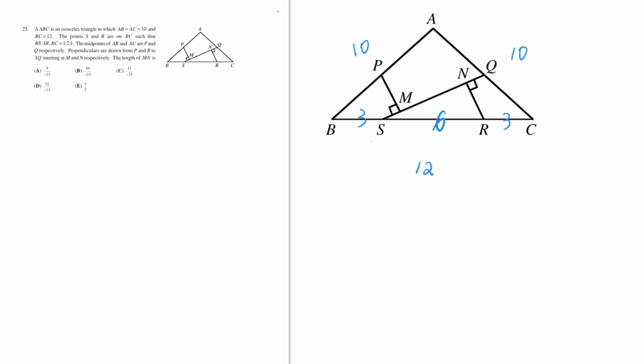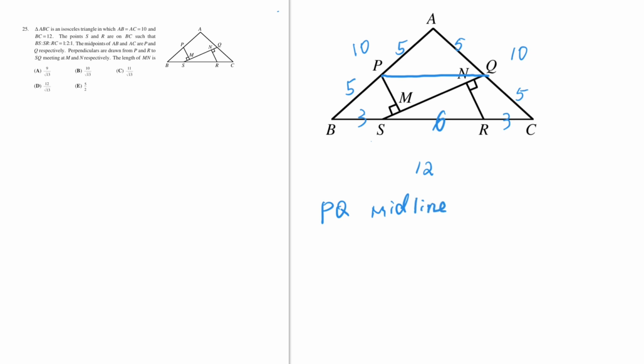P, Q are the midpoints. BP is the 5. AP 5, same thing. AQ 5, QC 5. When we connect the PQ, we call it the midline. What's the midline?